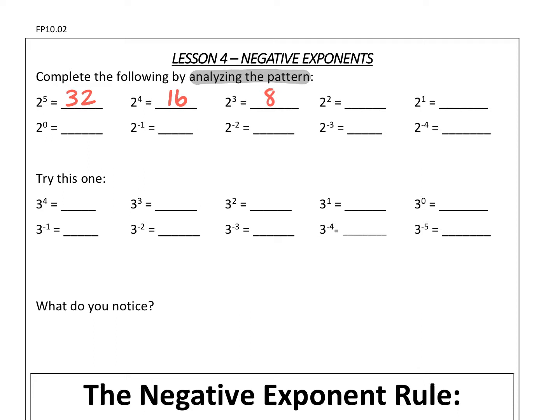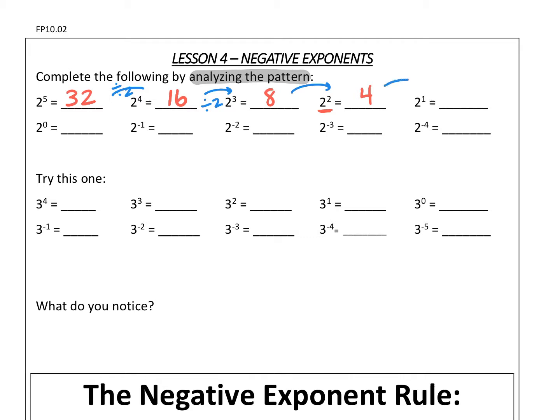Okay, so now let's start analyzing the pattern. So if we look at 32 and then 16 and then 8, what are we doing between each step? Well, we are dividing by 2, right? So if we divide by 2 here, this guy's going to become 4, and we can double check it because we know that 2 times 2 is 4.